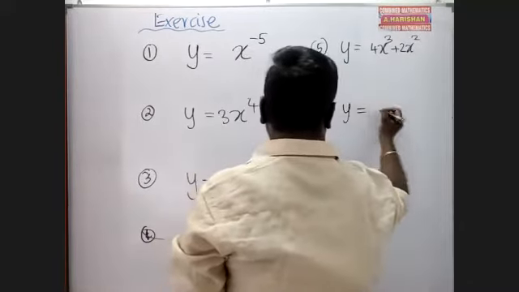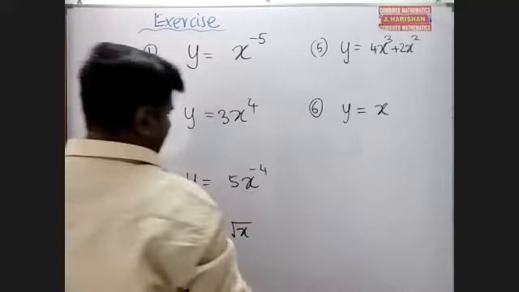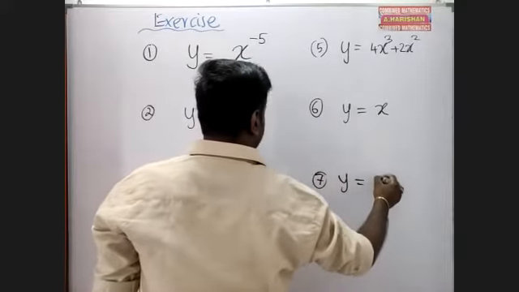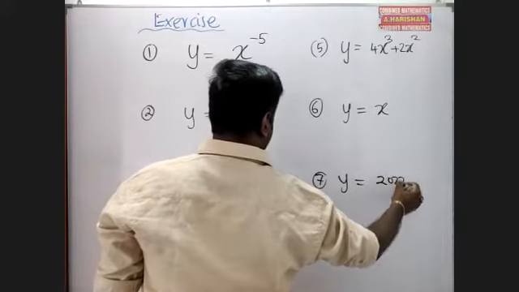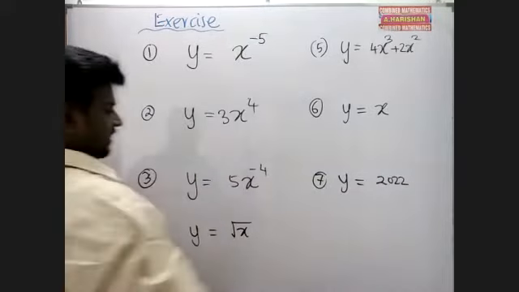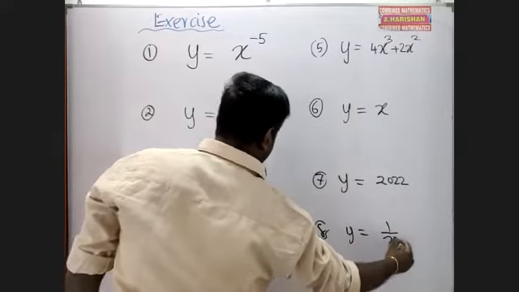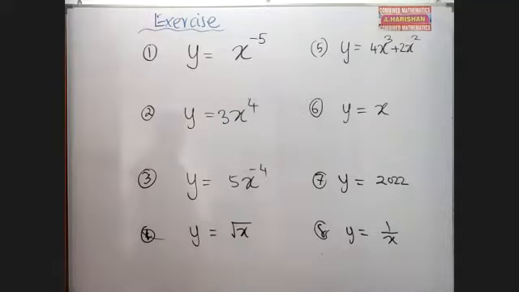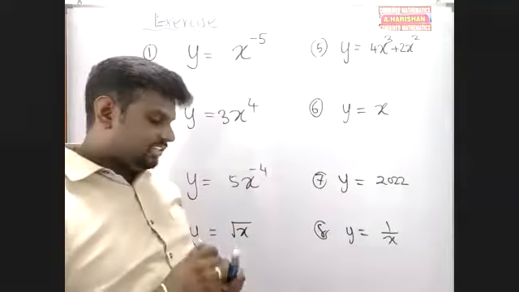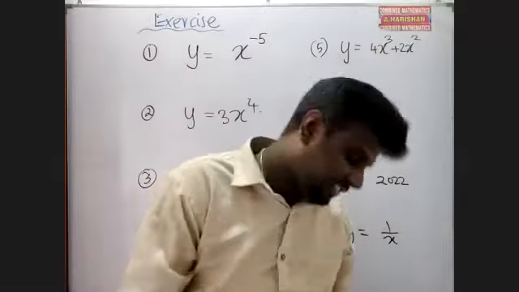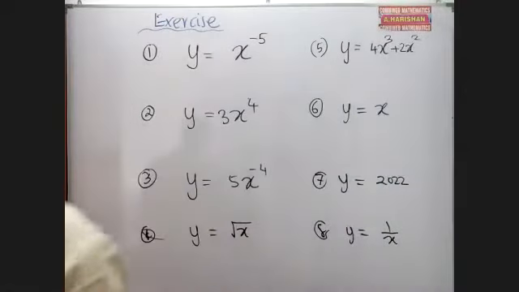Sixth one, y equals x. Seventh one, y equals 2022, a number. Eighth one, y equals 1 over x. Quickly do it. There are 8 questions. I will give 2 minutes. Within 2 minutes, you have to finish.